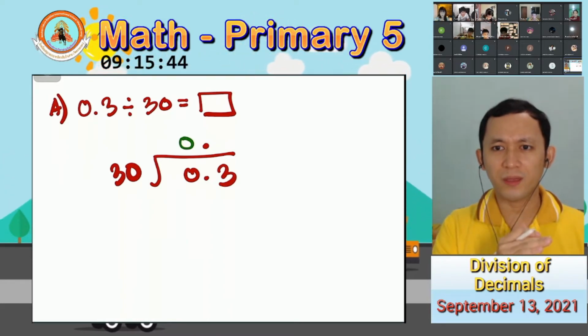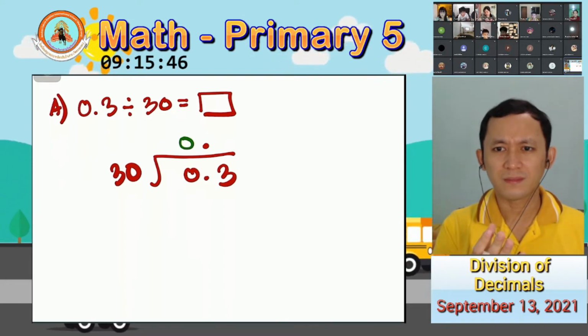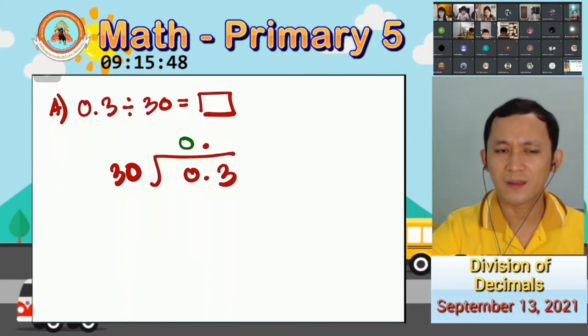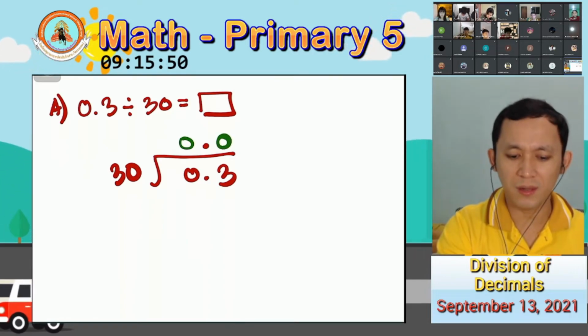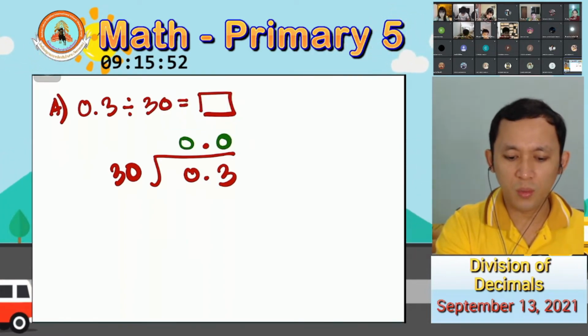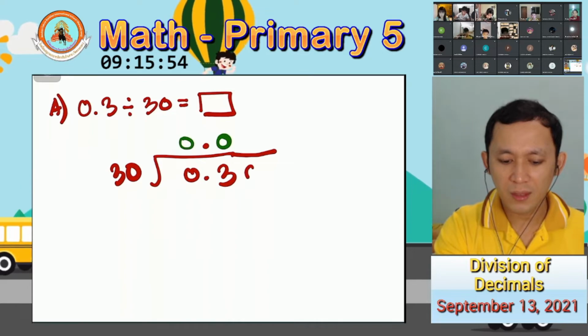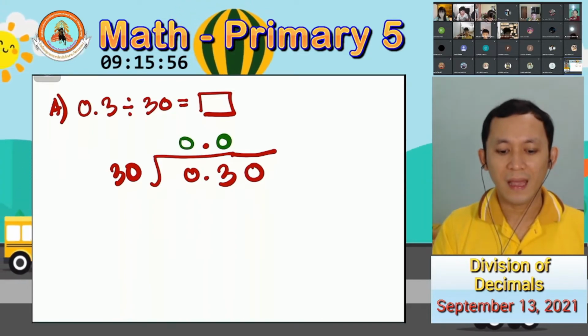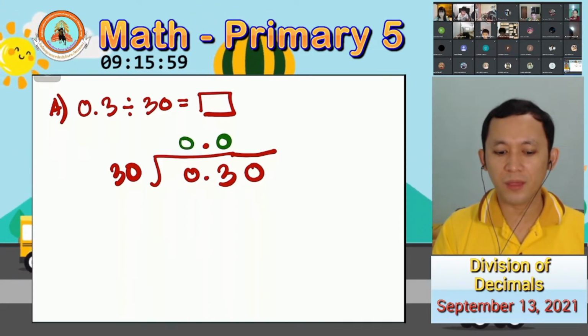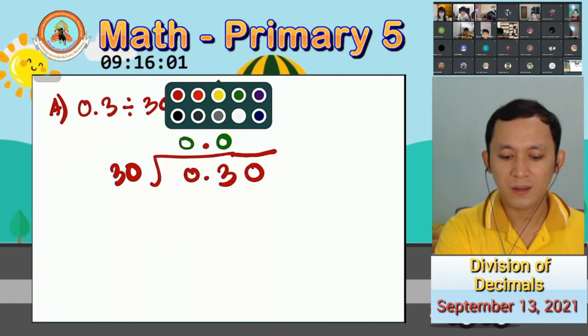No, we cannot. Okay, so that is still 0. So what are we going to do? We can add now 0 here. Teacher, 30 divided by 30, what is the answer? 1.